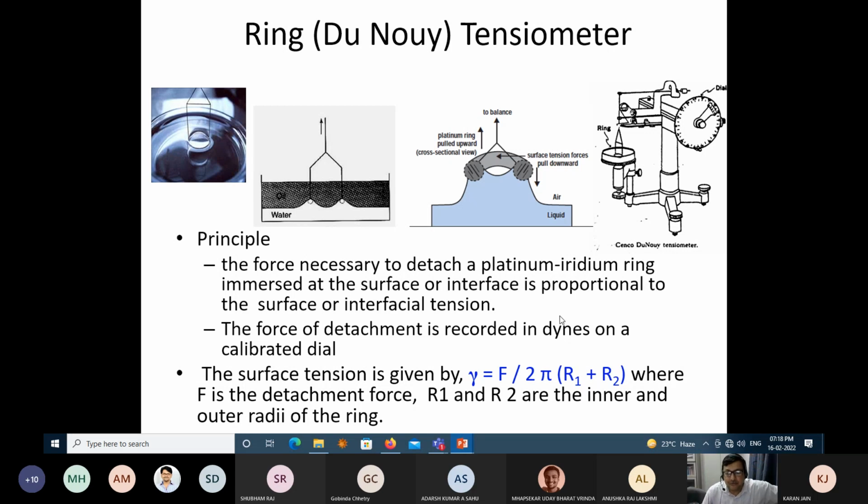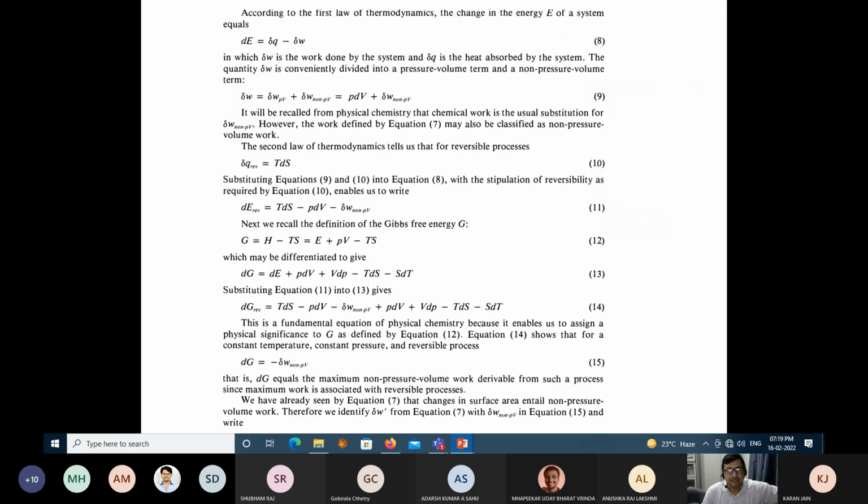So that force that you calculate from the weight, and then it has 2 pi r1 in the inner contact line and 2 pi r2 in the outside contact line. So that is the total perimeter that you are covering. So force per unit length gives you the interfacial tension. This is the way you measure the interfacial tension between oil and water, right?